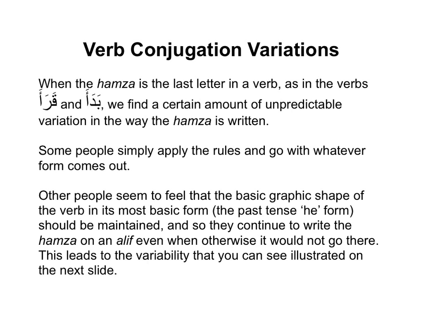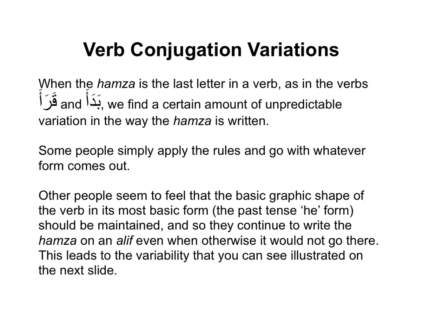Another source of variation with the way hamza is written has to do with verbs, the last radical of which is a hamza. And so, for instance, we have the verbs qara'a, which ends in a hamza, and bada'a, to read and to begin. To be 100% correct, you simply apply the rules and go with it.